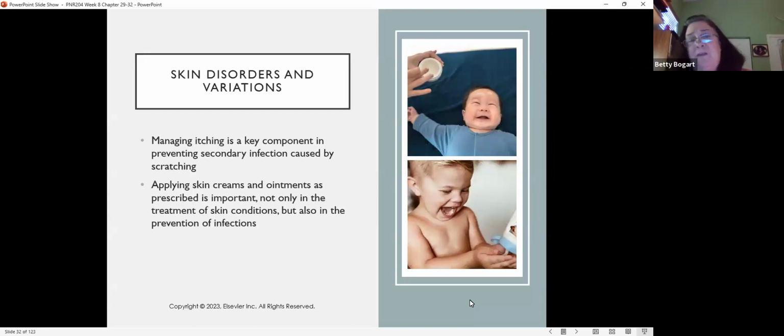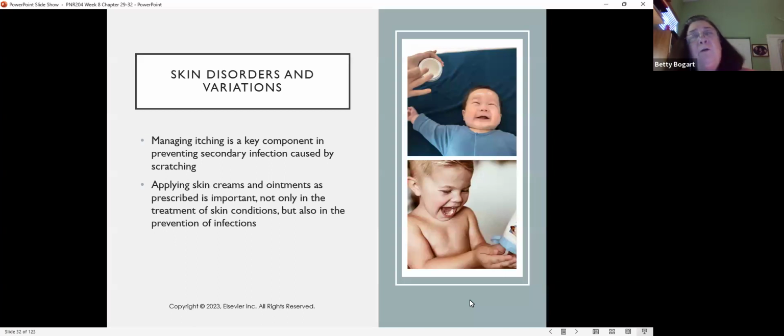Now, one of the big things with skin irritations is the itch. Because what do kids do when it itches? They scratch. Children scratch with those dirty nails and the fingers, right? Children don't wash their hands as well or as frequently as they should. They're getting better today because of COVID and they're taught in school now. But keep their nails short. And of course, the hand washing is good.